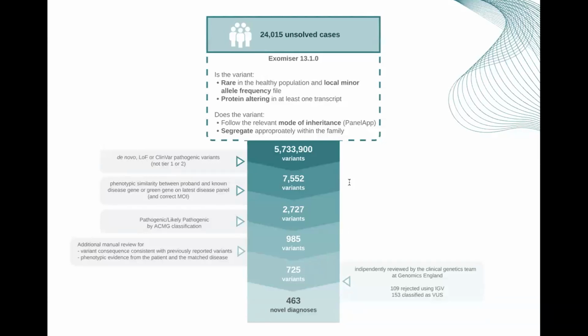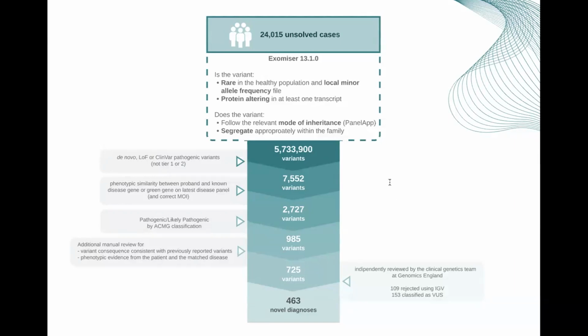And then we were filtering for variants that were classified as pathogenic or likely pathogenic using the Exomiser automated ACMG classifier. And lastly, we were checking that the variant type, for example, missense or loss of function, was consistent with the one previously reported in the literature for that gene and that disease. And finally, we were checking, of course, that the phenotypic evidence for the patients was matching the one described for that disease in the literature.